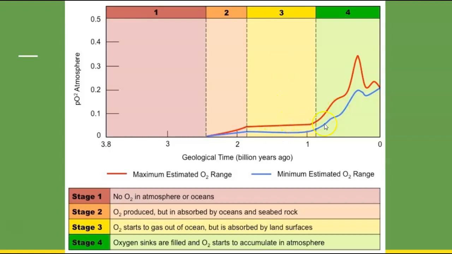And then you see this really take off. This is when the oxygen sinks are full in the ocean and the atmosphere is just accumulating all that excess oxygen. And this is where you start to see the decrease of anaerobic organisms and the beginning of aerobically respiring organisms, the beginning of their lives.